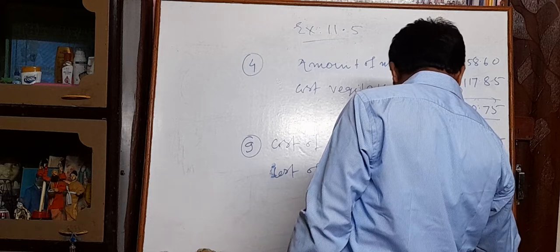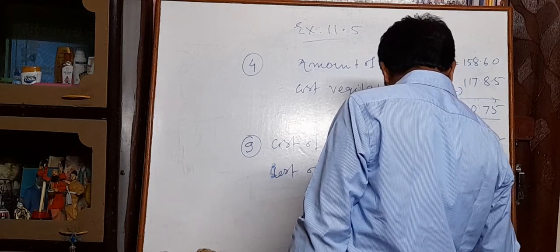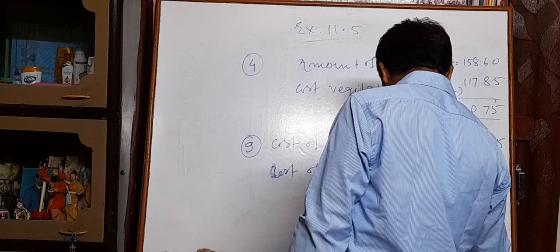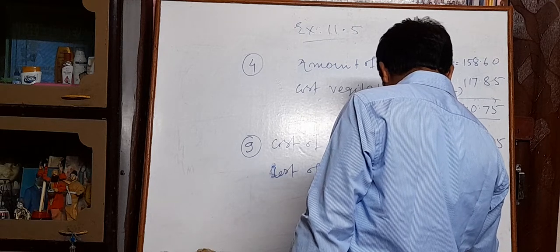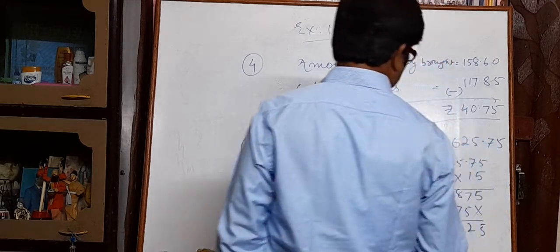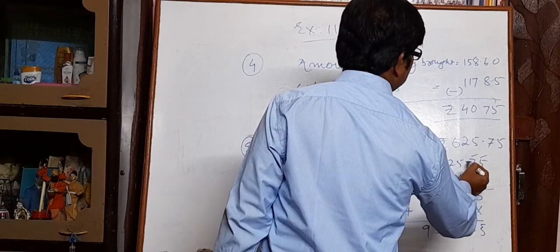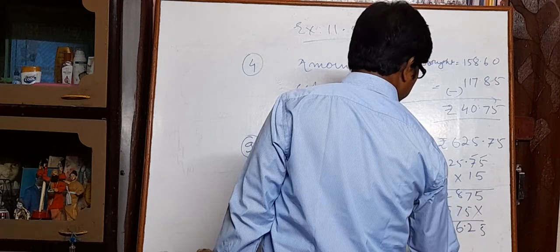Here will be 5. Then 7 plus 5 is 12, carry 1. Then here 6, 8, 3, 9. Give the decimal point after 2 digits, because there are 2 digits after the decimal point here also.